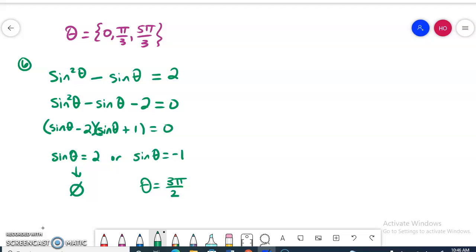There are a few problems on the worksheet involving tangent, secant, and cotangent. So just remember our strategies for those. If you end up with secant theta equals 2, what's that really saying?